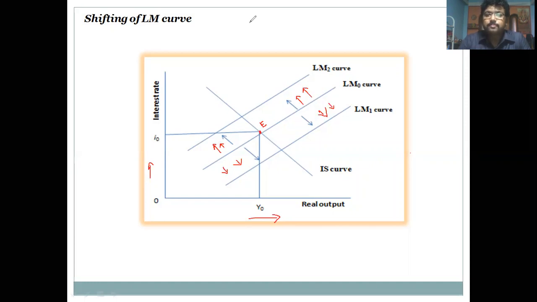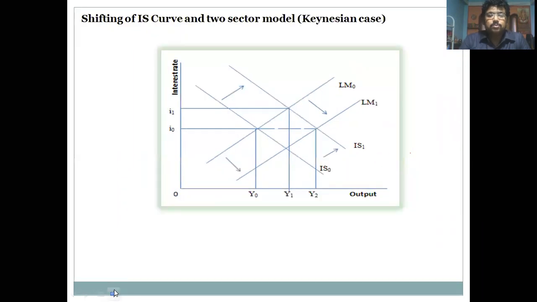Okay, now I am erasing all this marking. Now look, shifting of the IS curve in the two-sector model, the Keynesian case. Along the vertical axis, we measure the interest rate, and along the horizontal axis, the real output.